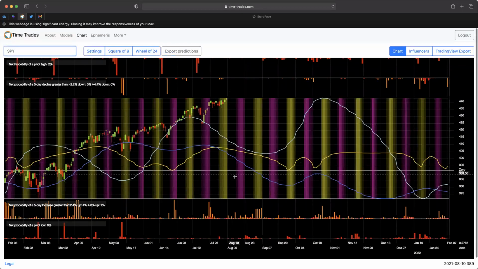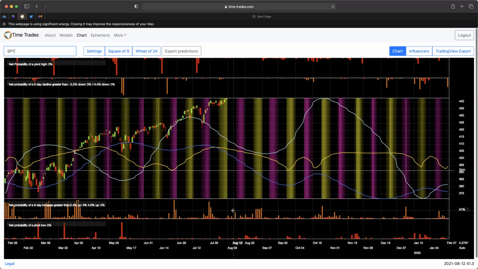Okay, so for the S&P 500, we've got no pivot highs coming up, and we've got what looks like some continued bullish momentum here, but we do have a pivot low August 23rd. So what does this mean? Well, it's totally possible that we could pivot this week and start moving lower down into these pivots.